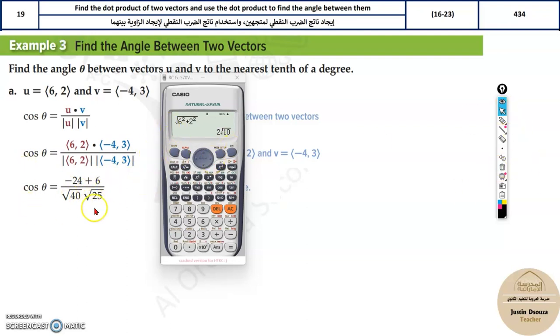Now all you need to do is solve it. Before solving, you need to find theta, that is the angle, not cos theta. So cos goes to the other side and becomes cos inverse. Just remember to take cos inverse of all these values, that is negative 24 plus 6 divided by square root 40 plus square root 25.